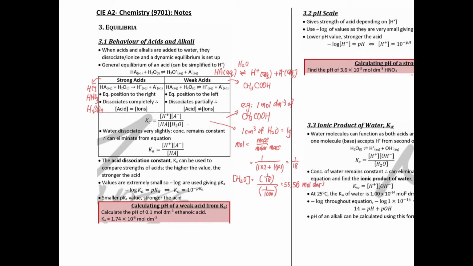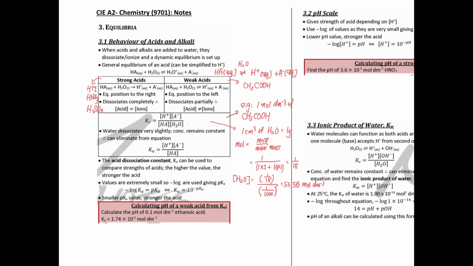Imagine the concentration is so big. Normally an acid is just 1, or maybe 0 point something, in concentration. But the concentration of H2O is so big. After dissociation, maybe it is 55.555, maybe it drops a little bit.